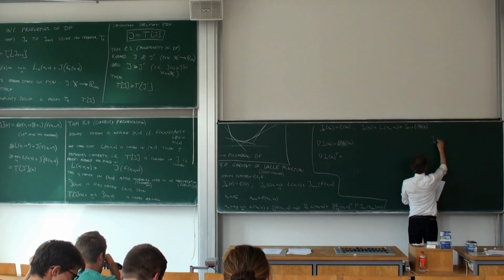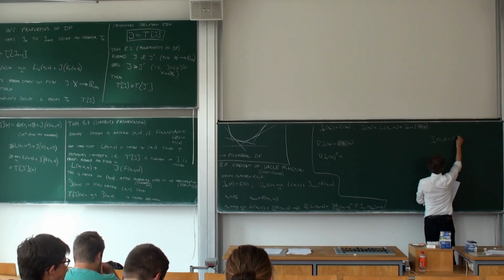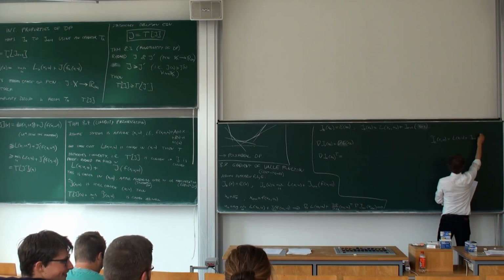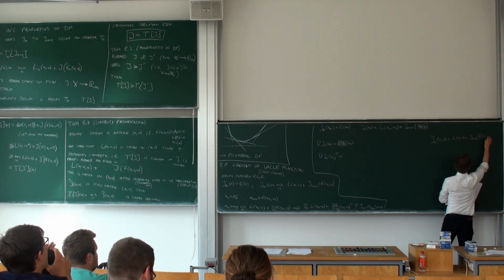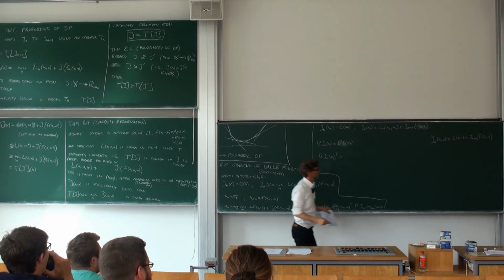So why don't we call the function j k tilde of x and u as being the function which is L of x and u plus j k plus 1 of f of x and u. Yeah? So that's like the same definition we had before.